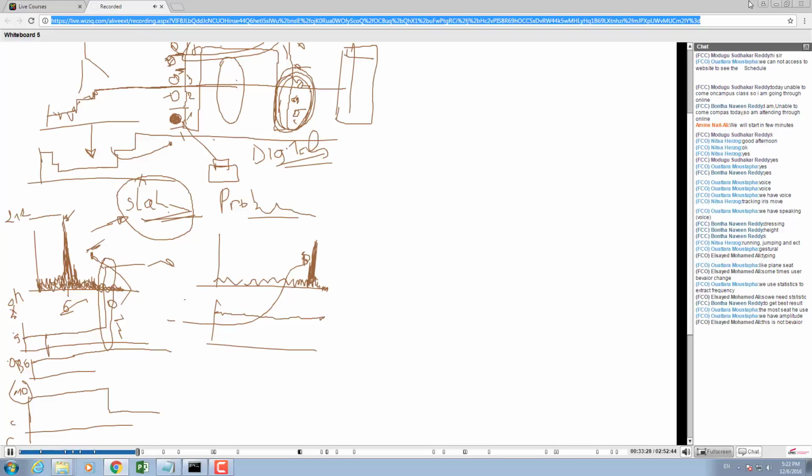Because if you analyze one signal just alone, it's not enough. This is what I want to say. If you analyze the signals separately, you will have only the information that the person is moving. That's all. But if you try to analyze many signals at the same time, you will try to find a correlation between different signals.